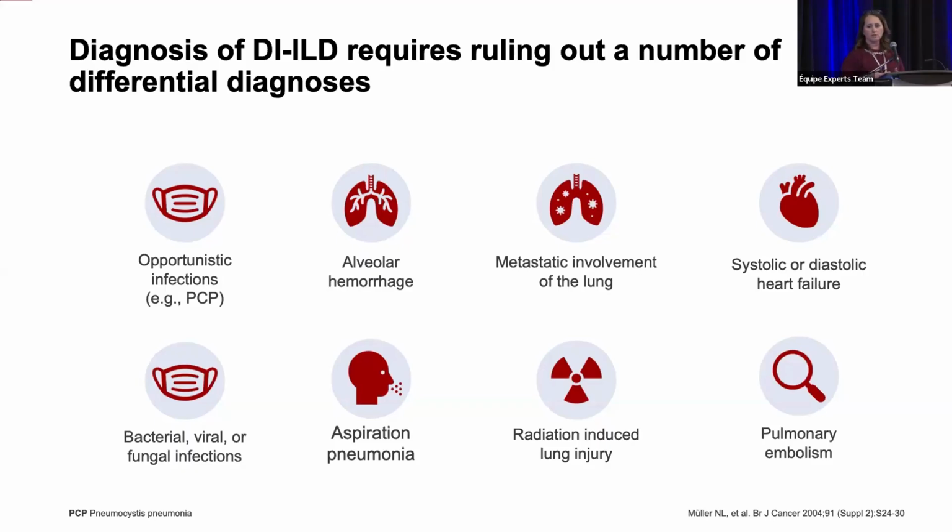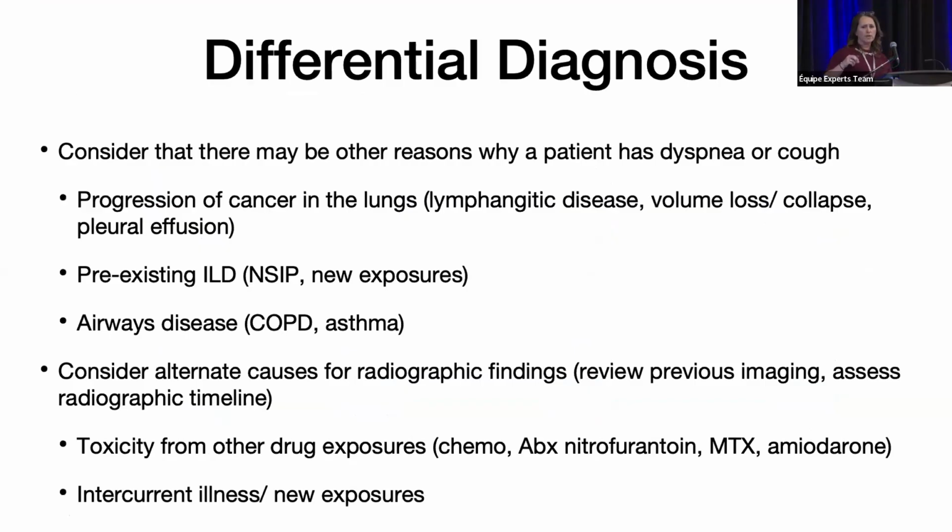Heart failure, certainly in someone with prior history or other cardiotoxic medication on board. Infections we talked about, aspiration, radiation-induced lung injury, and of course pulmonary embolism, a common complication of cancer patients. So we have to consider that there may be other reasons why patients are presenting with these symptoms.